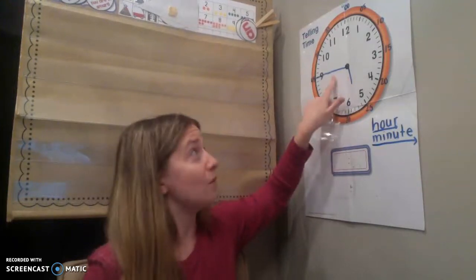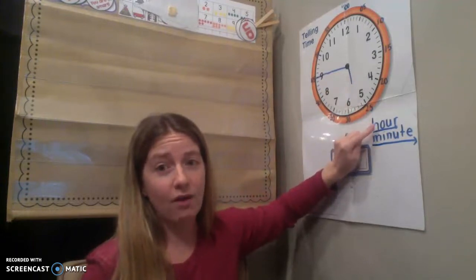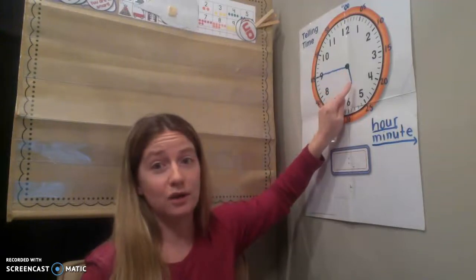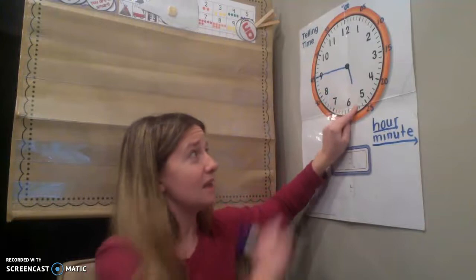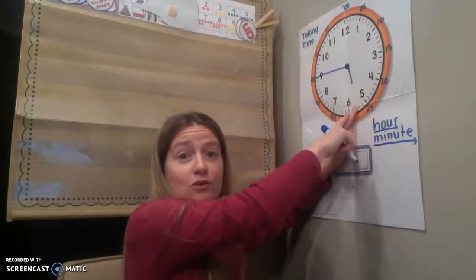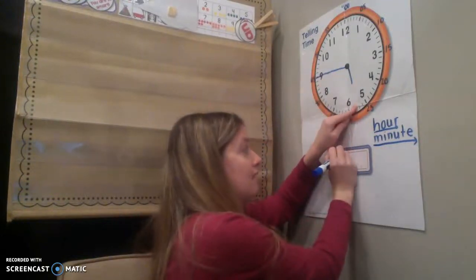So we have to figure out which one is my hour hand. Remember our little trick, hour is short, so we're going to go to the short hand. The short hand is between the 5 and the 6 o'clock hour. So I know that my hour is 5.